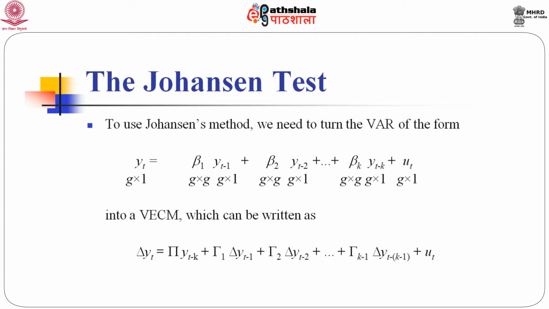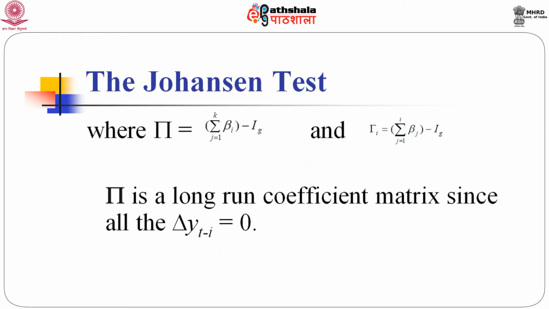Similarly, for the general case, from the VAR we can get a vector error correction mechanism, written with pi yt minus k up to pi k minus 1, along with the disturbance term ut, where we take the differences of yt up to yt minus k plus 1, with the pi matrix as follows. Pi is the long-run coefficient matrix, and since all the differenced terms are stationary, it should follow I(0).